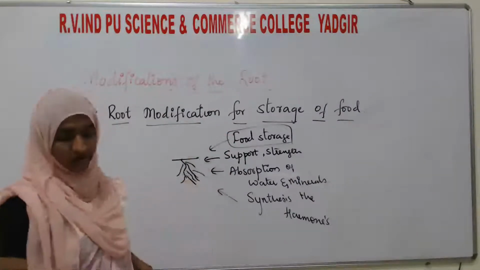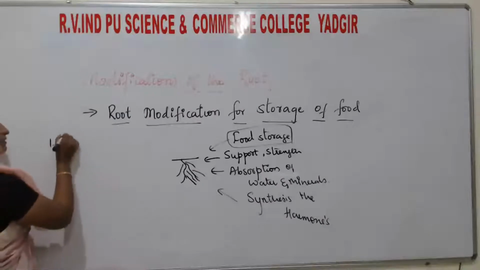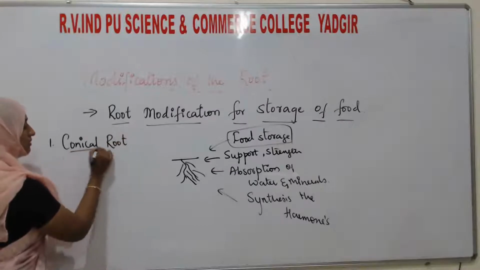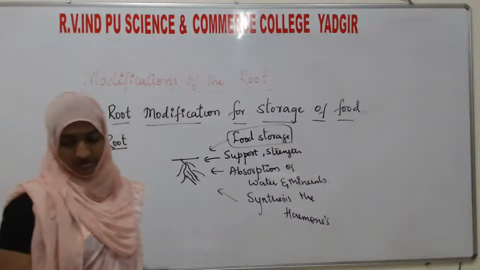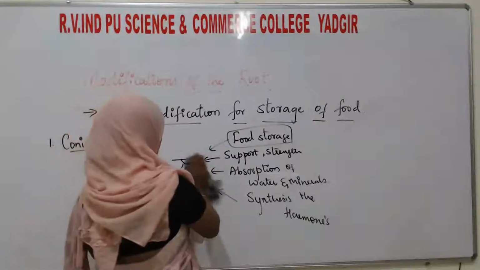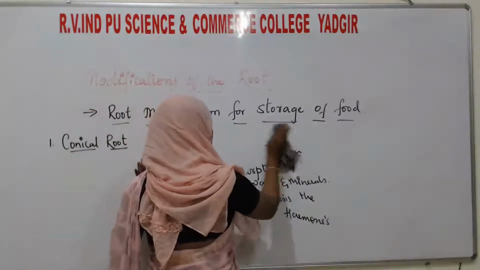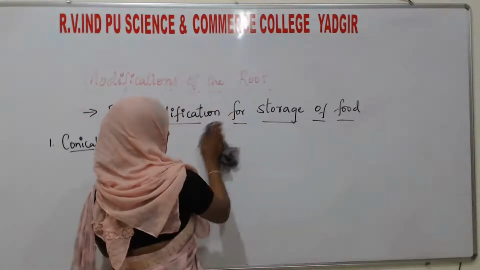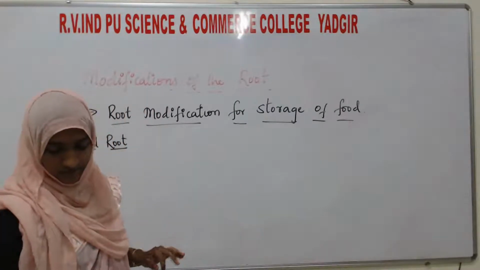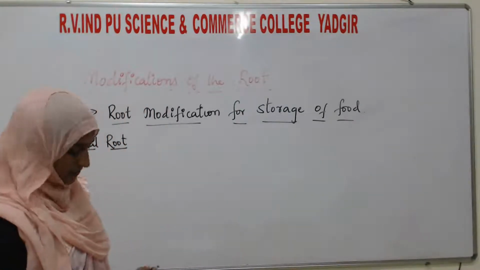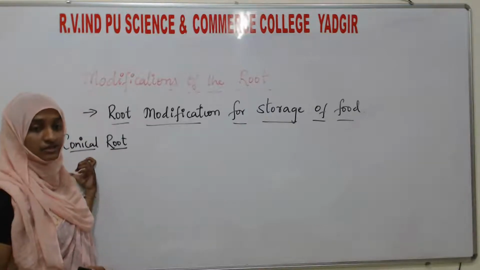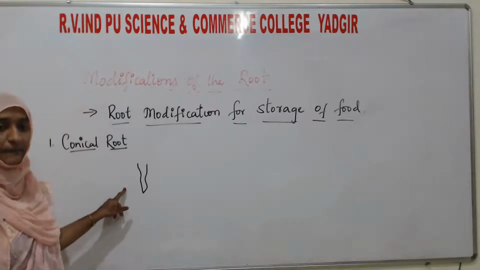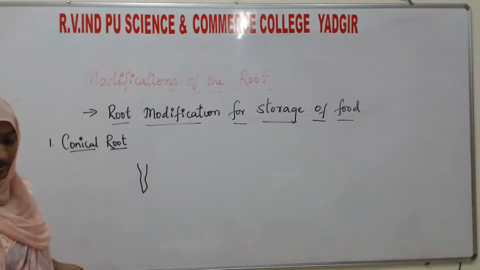The first one is the conical root. So first we will see about this conical root. This type of root is conical in shape. Conical means just like a cone in shape. That's why we are calling it the conical root.